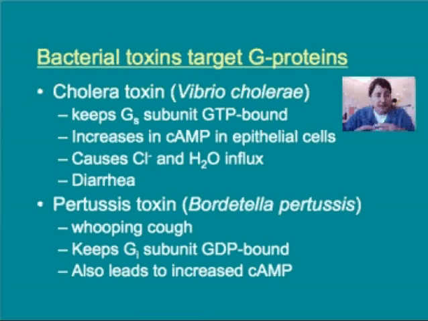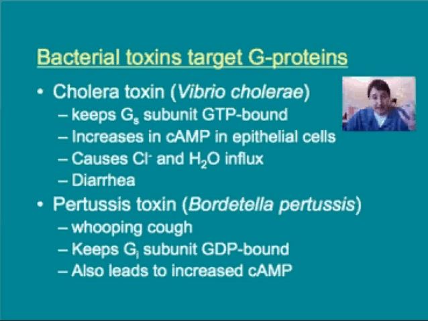The proteins that I talked to you about as far as GS subunits and GI subunits, the one that I always find interesting is cholera. So cholera causes severe diarrhea, and severe diarrhea is through the activation of GS subunits in the epithelial cells of your gut.